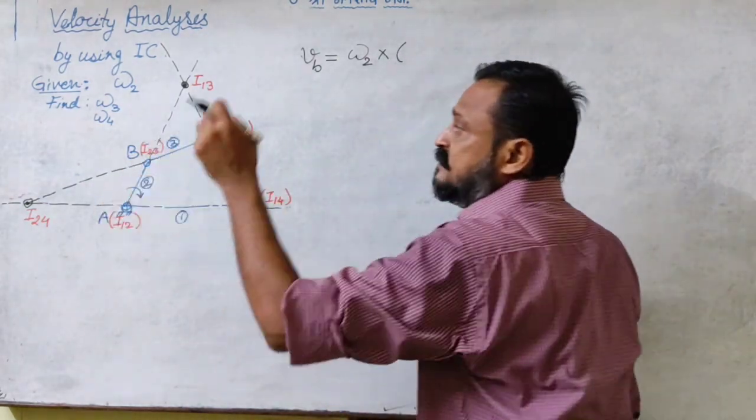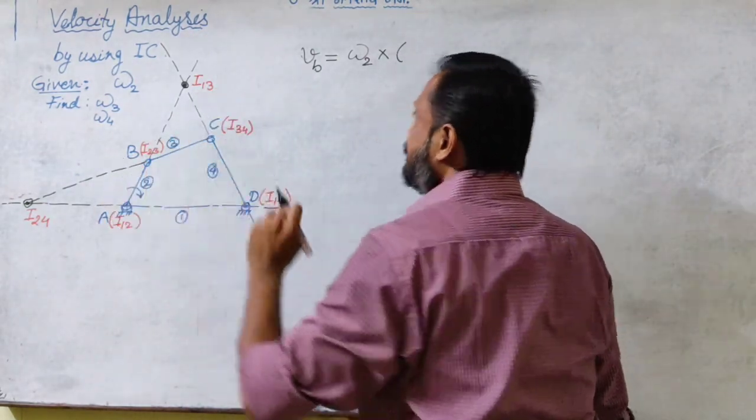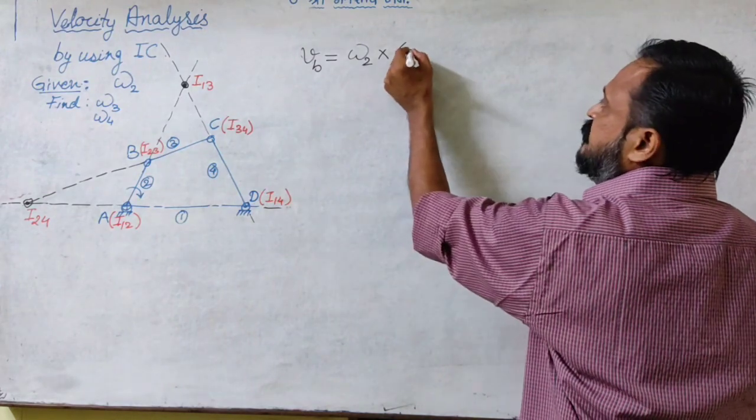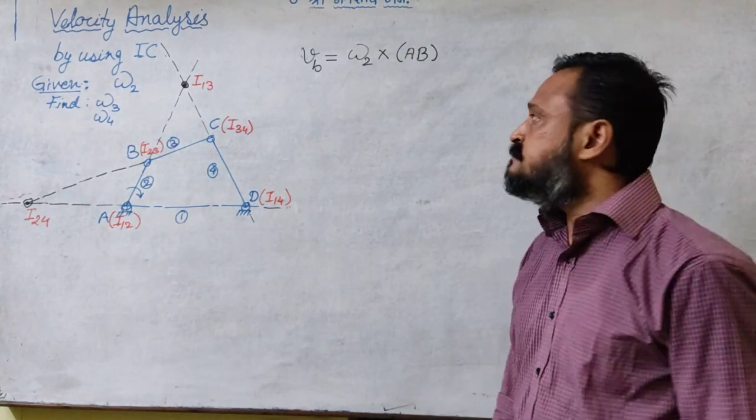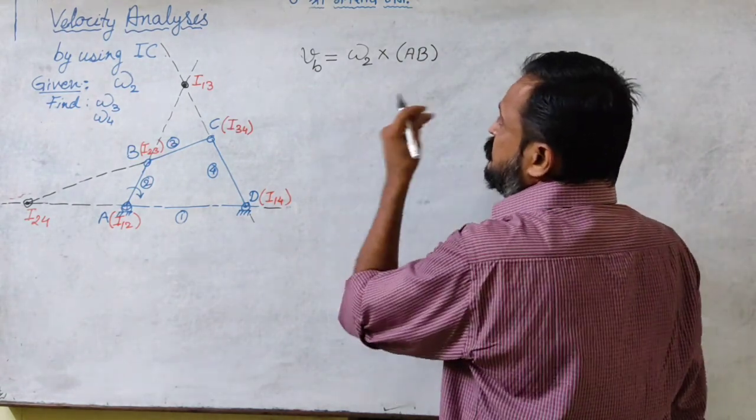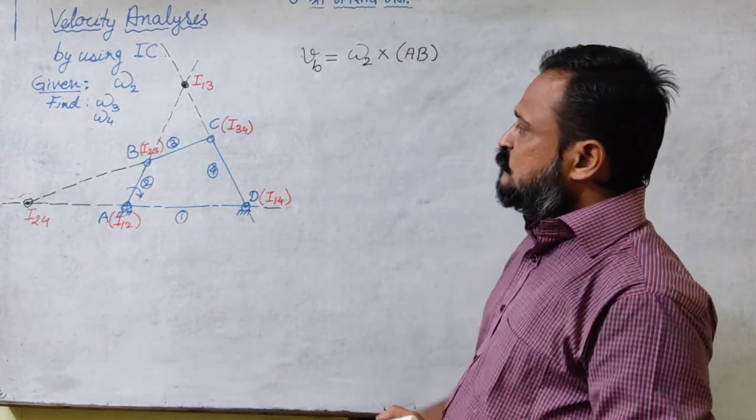That distance we can get from the configuration diagram. We know this length, so right now I write it as length AB, which is now known to us.